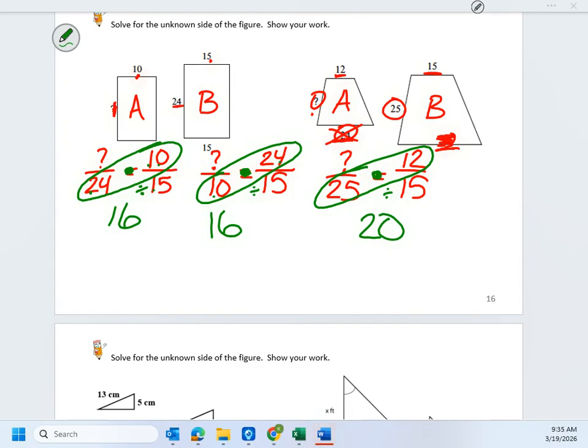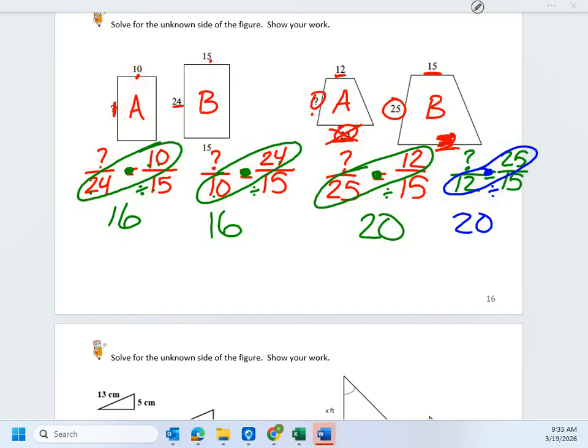You could have done the other method, and we could have matched up our long over our short, our long over our short, and then we would have had the same two numbers that we multiplied, and we divide by that 15. Right? Same two numbers and multiply, divided by 15, we will get that same answer of 20.